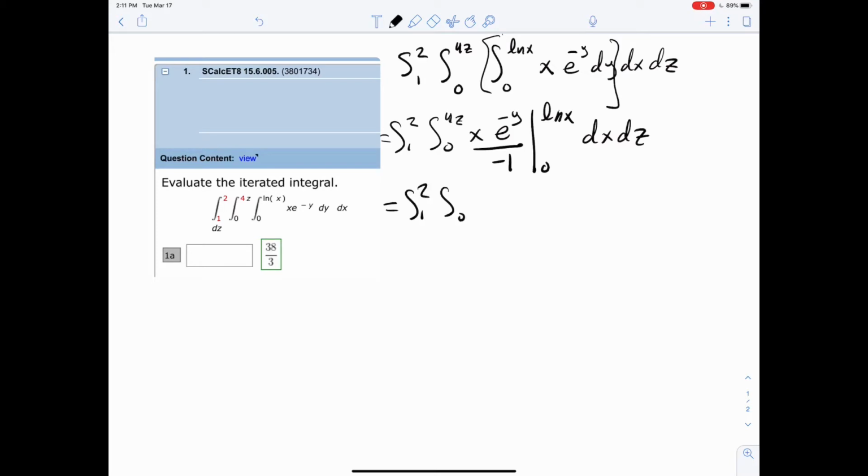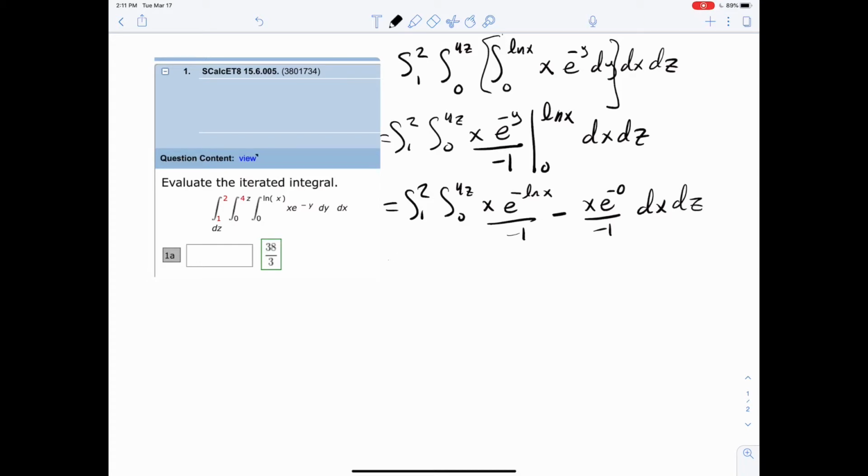So we're going to get x e to the negative natural log of x over -1 minus x e to the negative 0 over -1 dx dz.